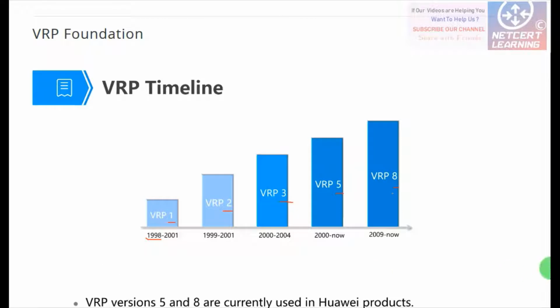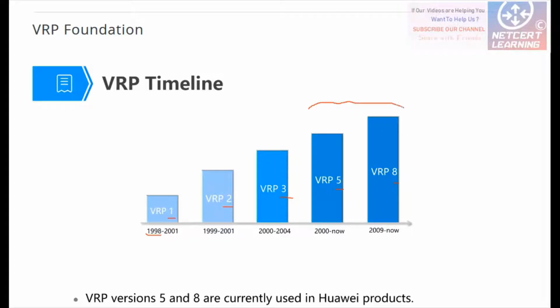Nowadays, Huawei devices widely run version 5 and version 8. All the previous versions have disappeared and are not used again.